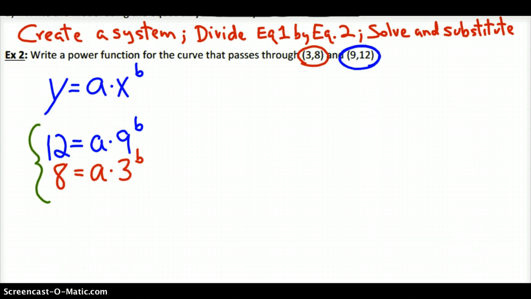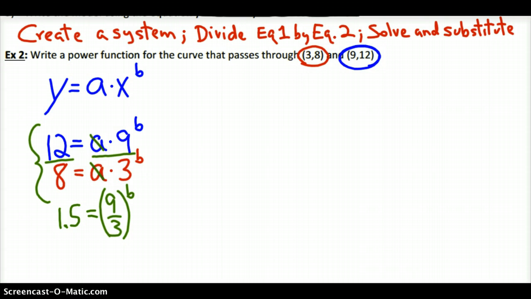Now I'm going to divide equation 1 by equation 2. So again, I'm going to take this, divide it by this, and on this side I get 1.5. On this side, again, the a's cancel. And what happens here is that now I have 9 over 3, both raised to the b power.